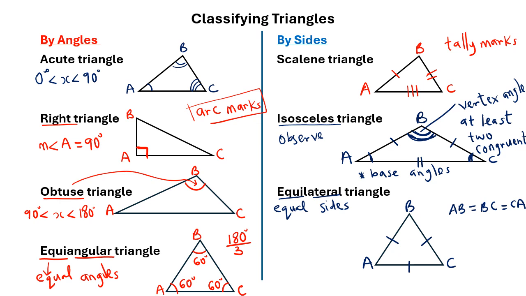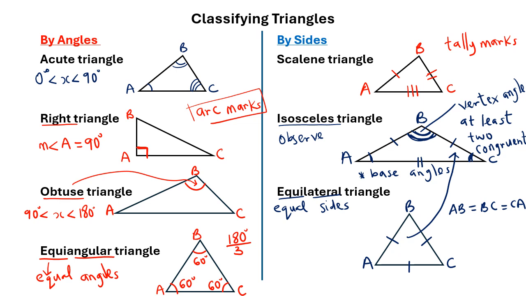But I want you to begin to observe some connections between isosceles triangles and equilateral triangles. This triangle here has all three sides congruent, which also means that it meets the definition for isosceles triangles. That's why they always say that an equilateral triangle is also an isosceles triangle.